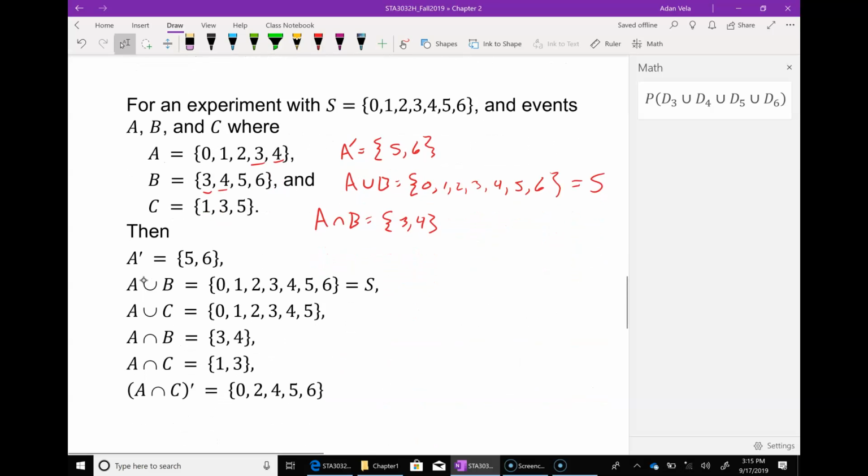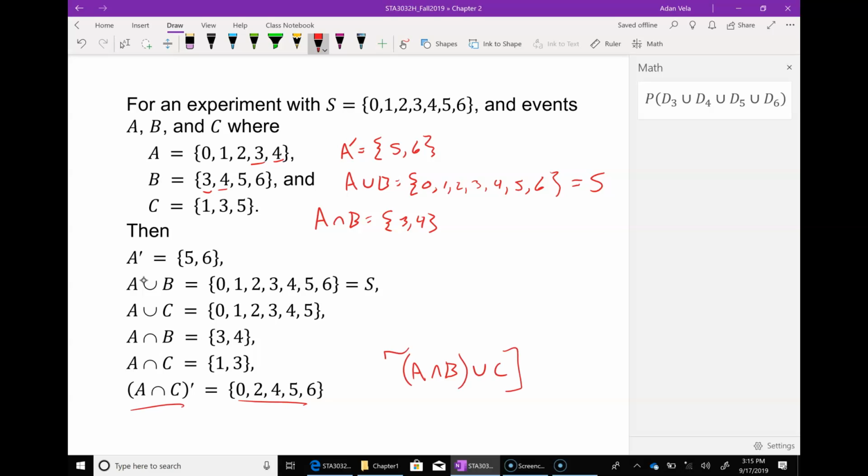Oh yeah, this is a fun one, right? A intersection C complement. Of course, we can apply these in sort of a combination, right? So if we wanted to, we could do A intersection B union C, all complemented, right? And we would just apply an order of operations and just try to be careful about it.